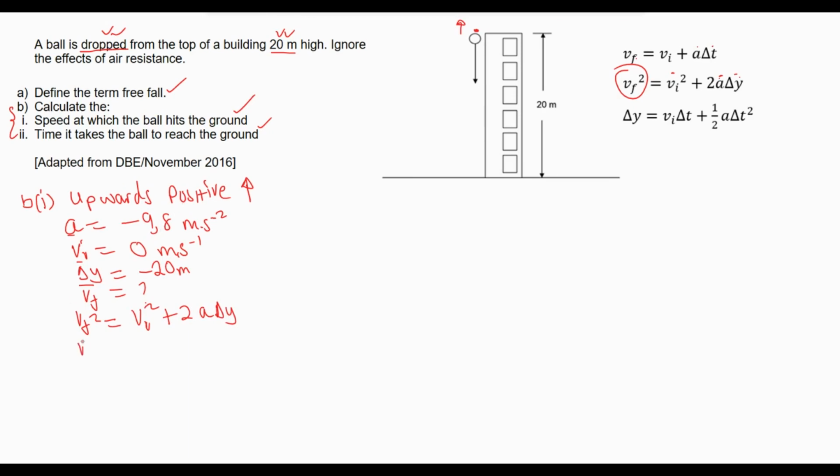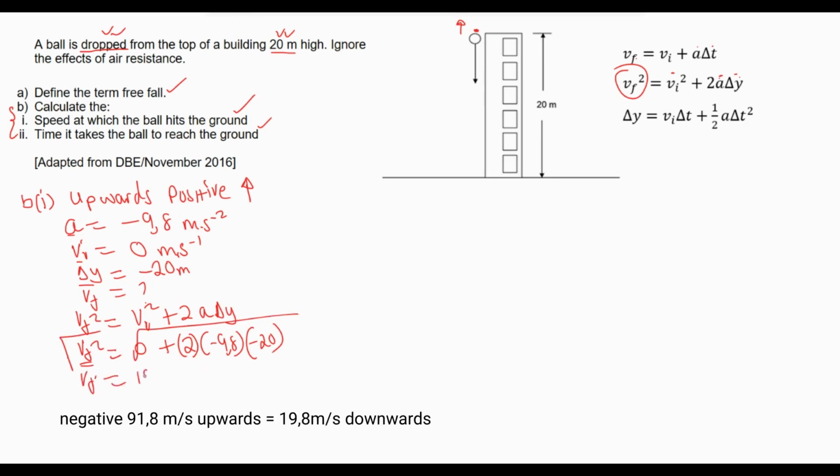So final velocity squared is equal to 0 plus 2 times negative 9.8 times negative 20. Remember, we're looking for final velocity. This is final velocity squared, so you square root this to get the final velocity. So your final velocity is equal to 19.80 meters per second.